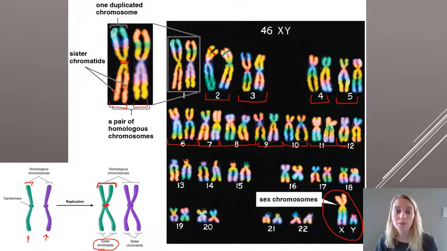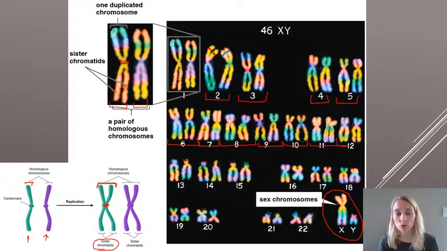When you are talking about your X and Y chromosomes, an XY combination tends to be a male. And then XX chromosomes will be a biological female. When you have XX, those would truly be homologous pairs because they're both X chromosomes carrying the same genes, maybe different versions of the genes, but the same genes located in the same place.